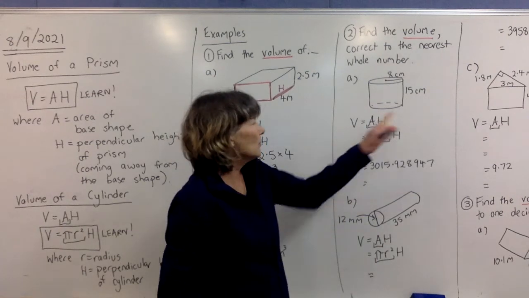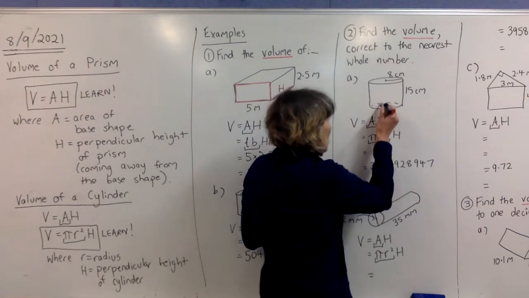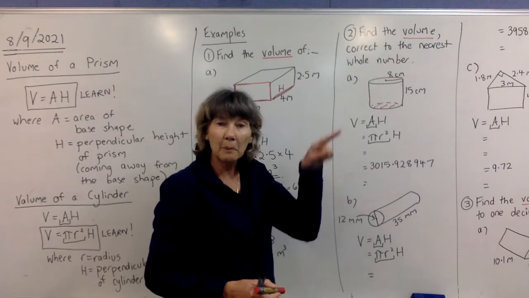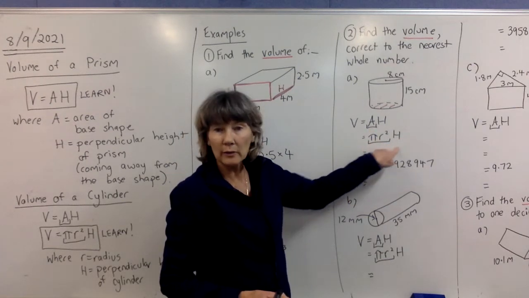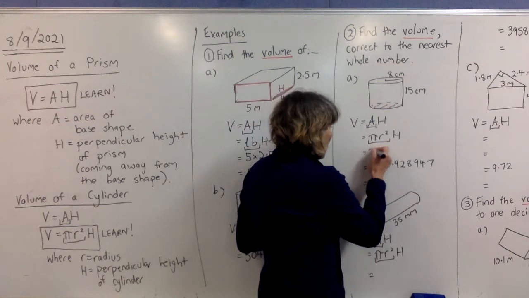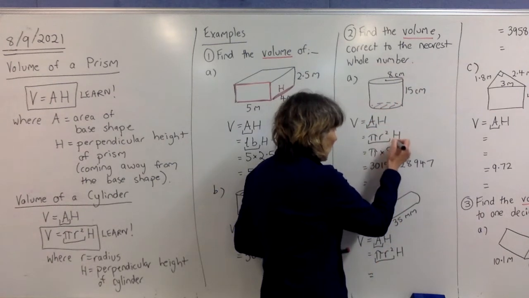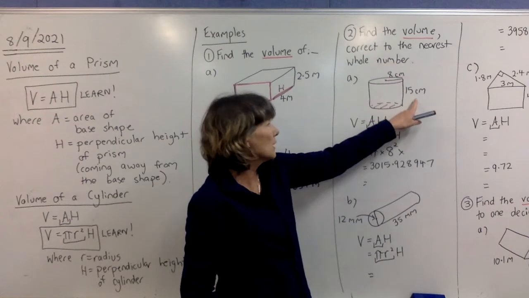All right, these ones over here, we're doing volume correct to the nearest whole number. So we're starting with V equals AH. Our area of our base shape, our base is a circle, so we want the area of pi r squared put in place there. So now we have another formula, pi r squared h. So we're going to write pi times, the radius is 8 squared times, and the height coming away from your base shape is 15.